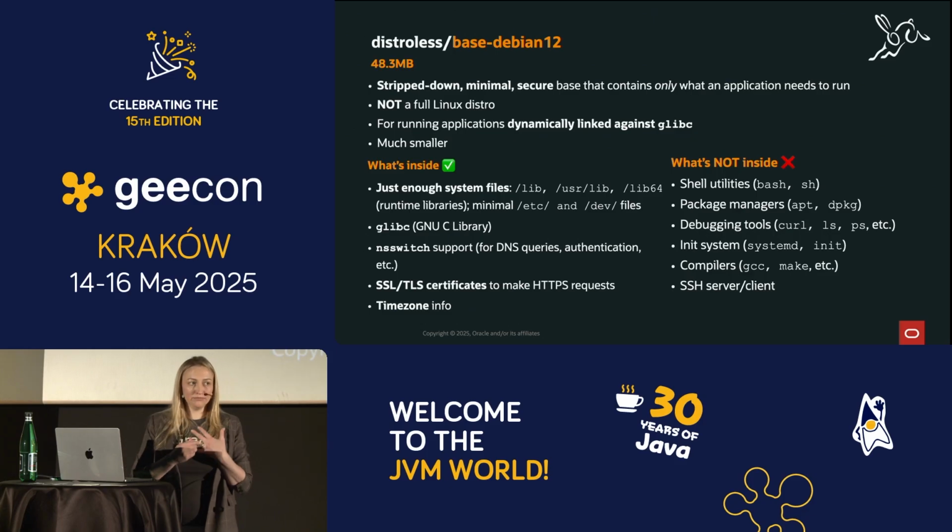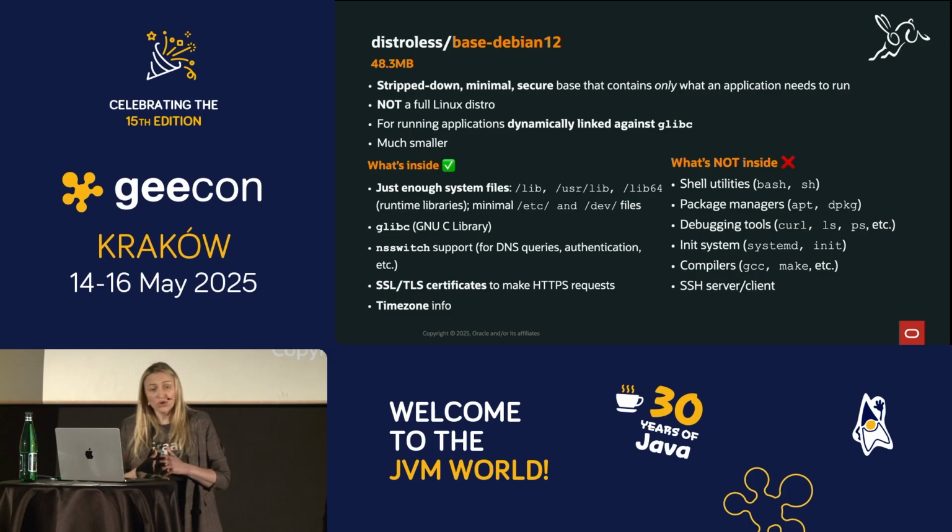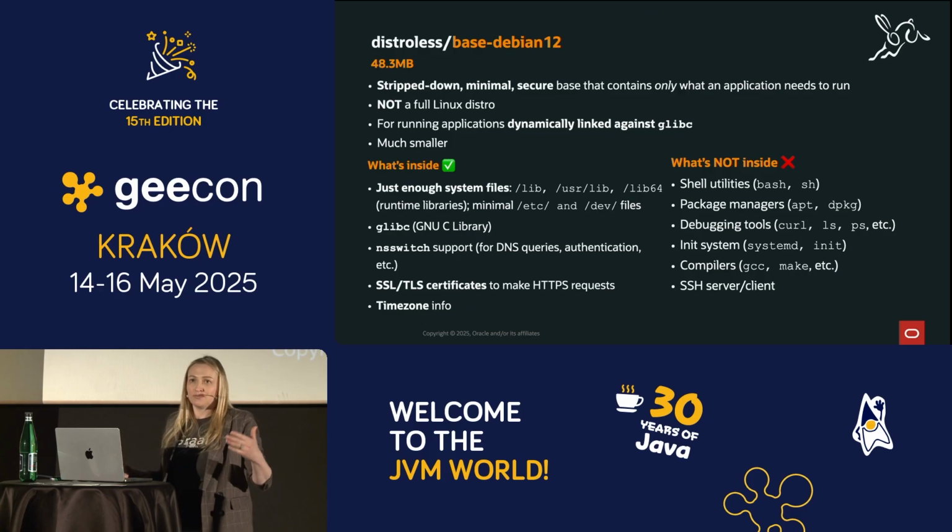We have the necessary support for DNS queries, authentication as well, time zone data, certificates, quite a lot for a web server, right? Sufficient. But we don't have any shell utilities, no package managers, no SSH support, no debugging tools like Linux tools like curl. We don't have basic commands like ls, ps.